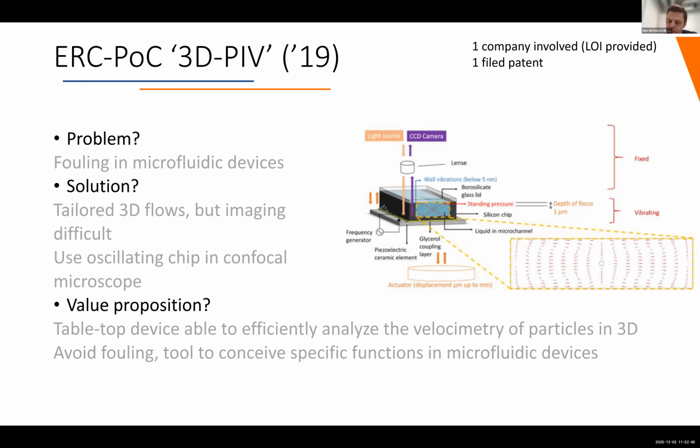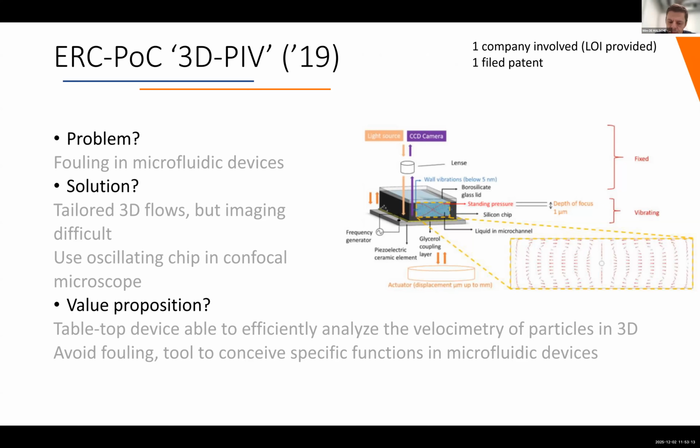So we had to develop within the project a system with which we could have this 3D imaging. This was a reconfigured confocal microscope in which we have an oscillating chip in the system. That was, in first instance, serving the project proposal by itself, but I'm also engaged in a bunch of other activities.